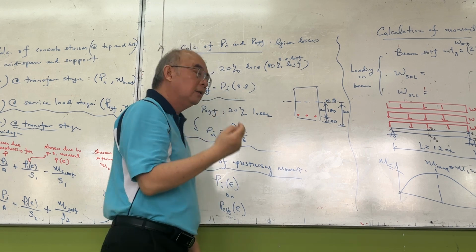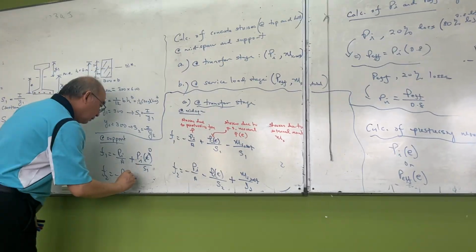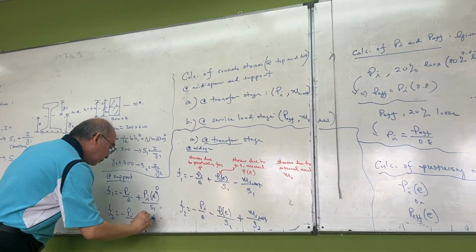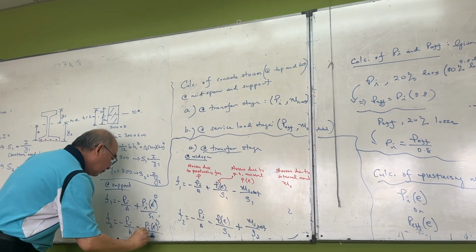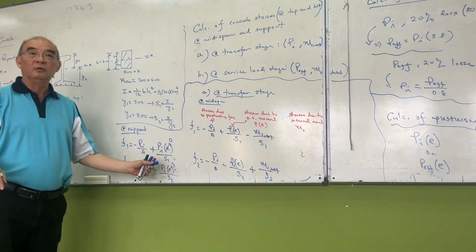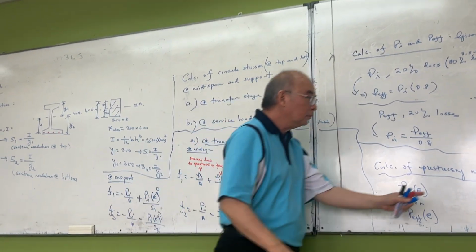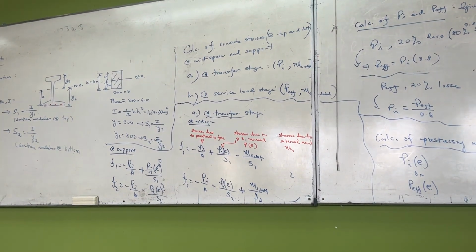Understand? That means the second term is P times E, but this E becomes 0 at the support. In the final exam, the E also becomes 0. And then at the support, 0 moment.